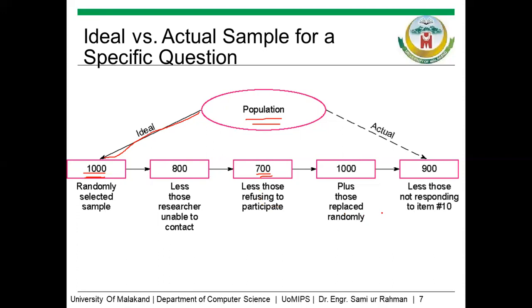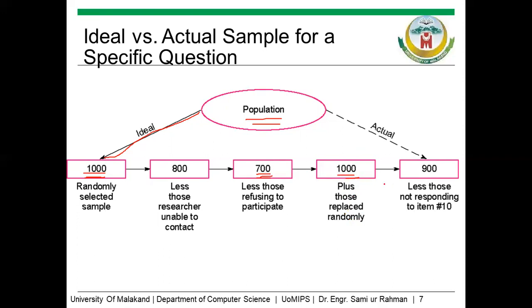Okay, now this is 1000 plus those replaced randomly. So now we had these 700 who participated. Okay, and now we added 300 more randomly selected people.